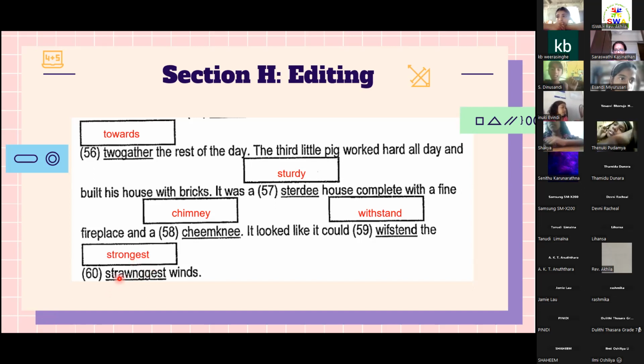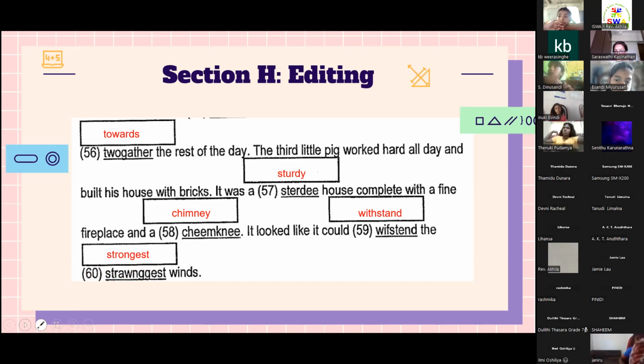S-T-R-O-N-G-E-S-T. Well done. Very good, children. Well done. So you could spell most of the words independently. Very good. All right. So for the words you don't know, remember, always check it up in a dictionary or sound it out. All right.